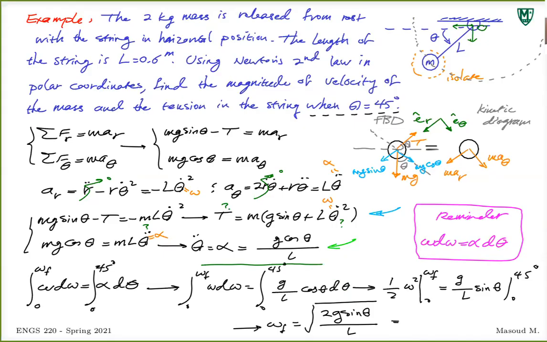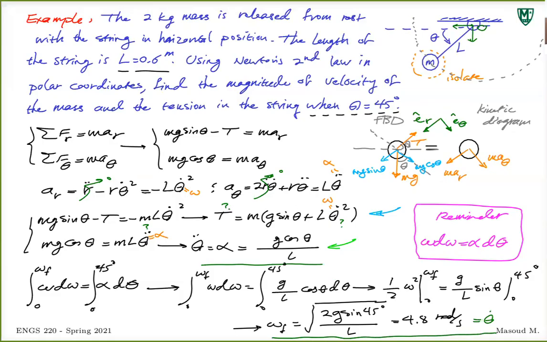Since I'm plugging in everything, let me write it as sine 45 degrees instead of keeping it as a parameter. L is also given, 0.6 meters. Plugging in the values, you get final angular velocity as 4.8 rad per second. So this is your omega or theta dot at theta equals 45 degrees.